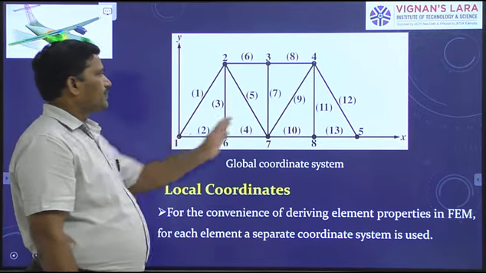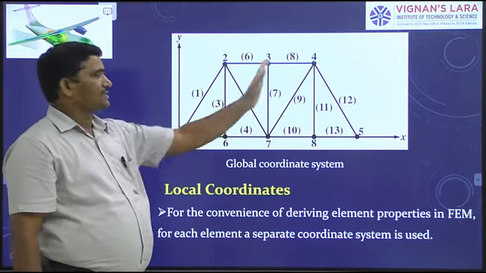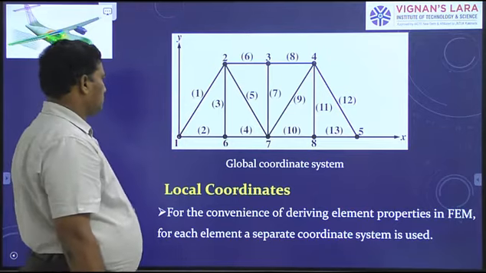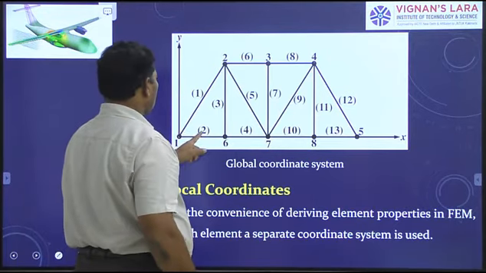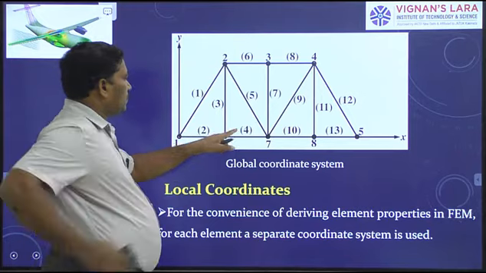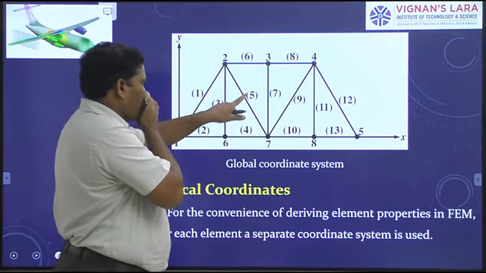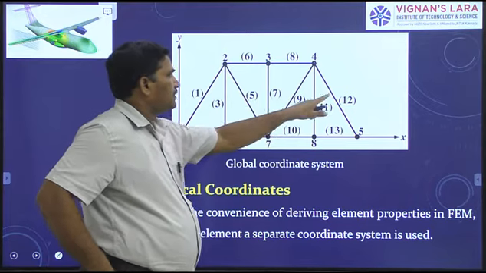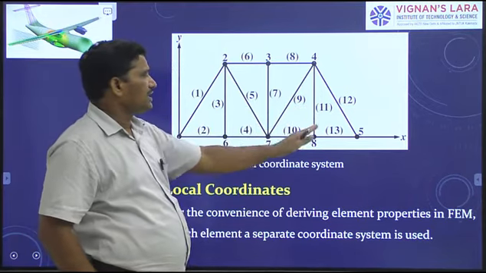Now, observe this. As I said, this is a truss structure. Right? How many elements do we have? 1, 2, 3, 4, 5, 6, 7, 8, 9, 10, 11, 12, 13. 13 elements we have.